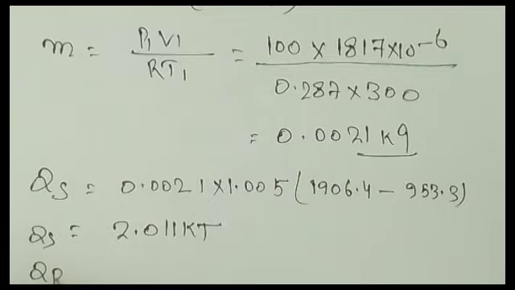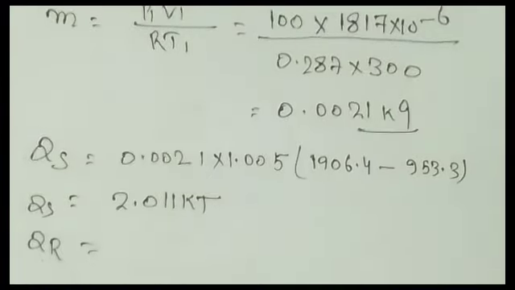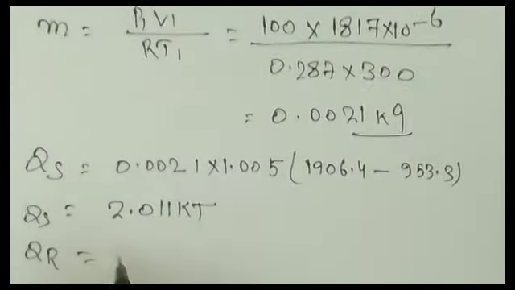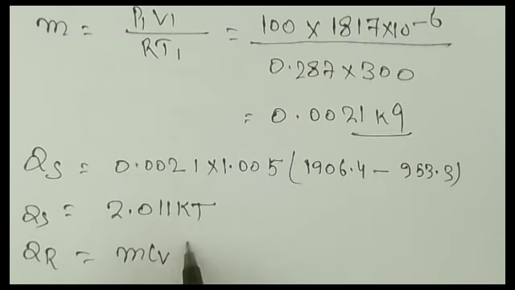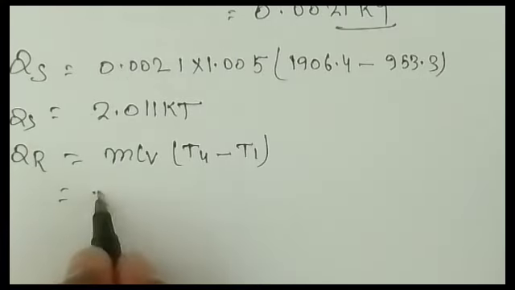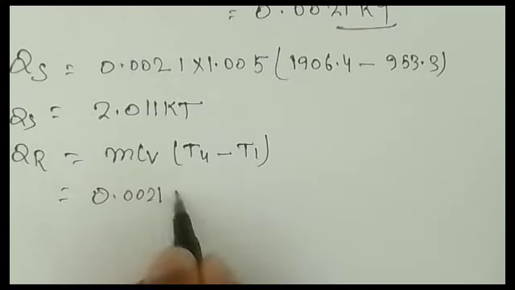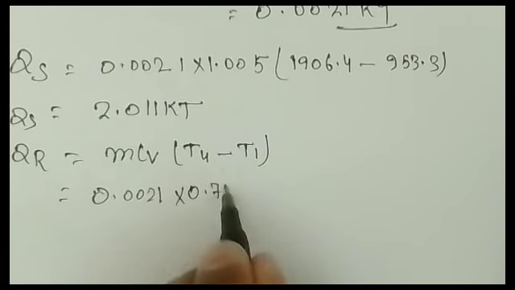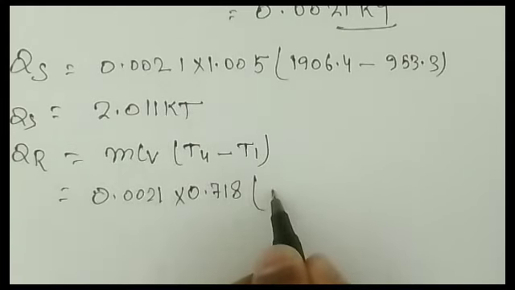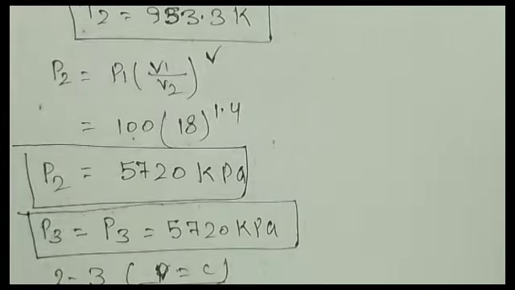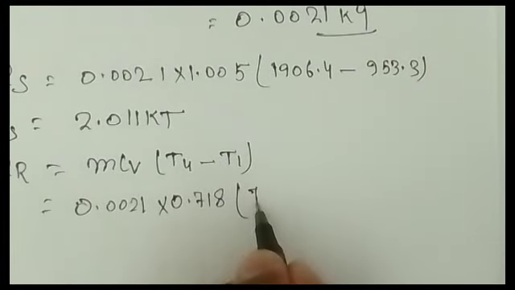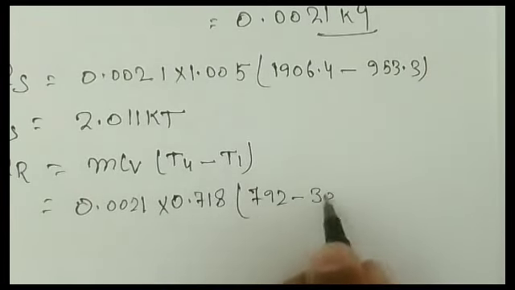This much of heat we are supplying, and the heat rejection is what? That heat rejection you are doing from 4 to 1, right? So you can write at constant volume, that means mCv T4 minus T1, right? So m is same, 0.0021, Cv is 0.718, and T4 you got just now 792, minus T1 is given 300.